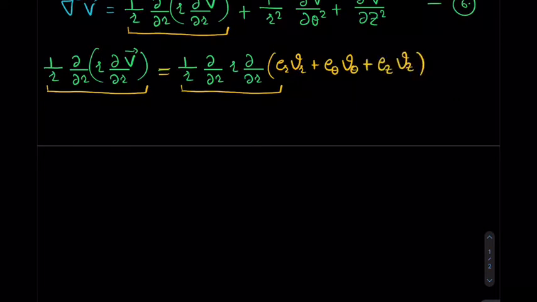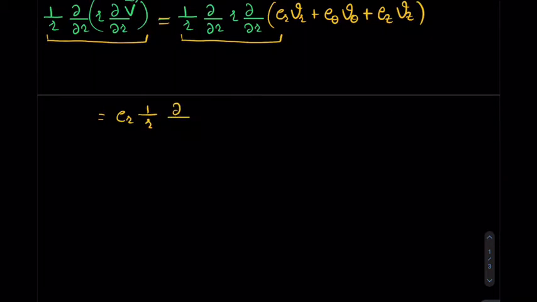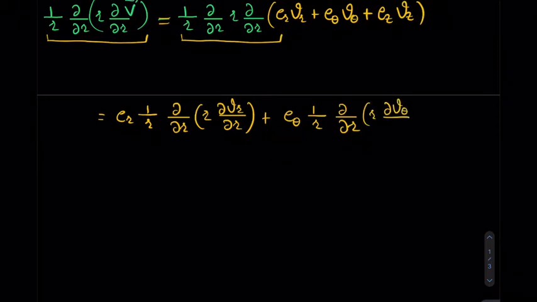So this is equal to ER into 1 over R partial over partial R. Let us take this inside. So this will be R into partial over partial R of dVR, plus E theta into 1 over R partial over partial R of R times dV theta dr, plus EZ into 1 over R partial over partial R of R times partial over partial R of VZ.